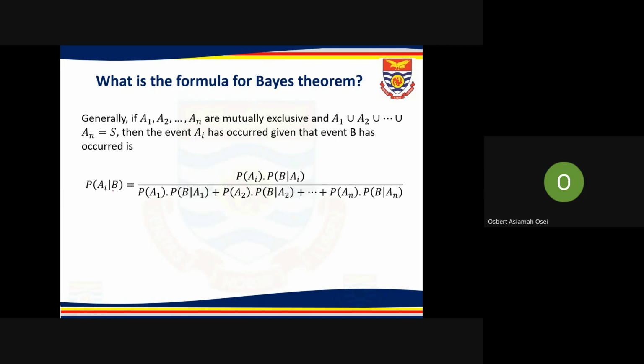Because A comes before B, we first find the probability of A times the probability of B, given that A has already occurred. Then we have A1, the probability of A1 times the probability of B, given that A1 has already occurred, plus the probability of A2 times the probability of B, given that A2 has already occurred, up to.